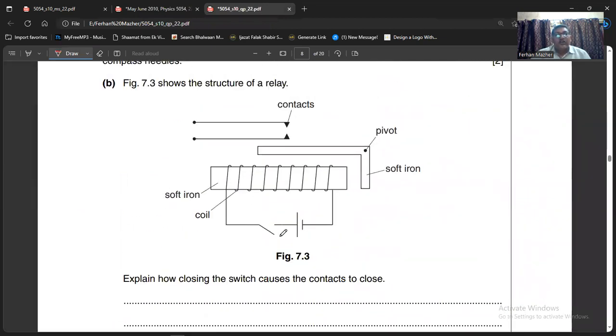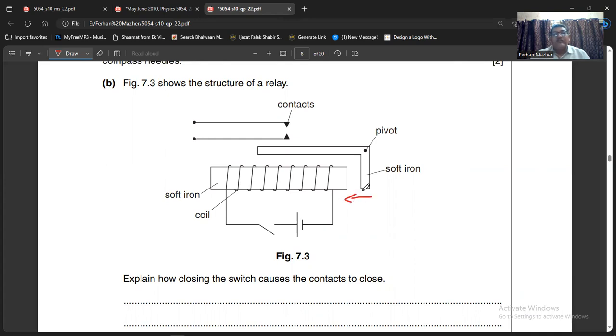Okay, so when you close this switch, through this coil the current will start flowing, and this soft iron will become an electromagnet. It will attract this vertical portion of the soft iron towards the left.